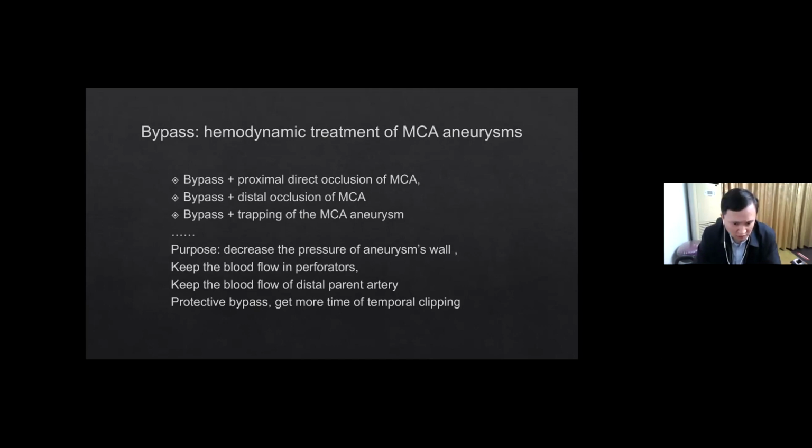The purpose is to decrease the pressure on the aneurysm wall, keep the blood flow in the perforators, which is very important, and keep the blood flow of the distal parent artery. Sometimes we also use a protective bypass, with which we can get more time for clipping the aneurysm.